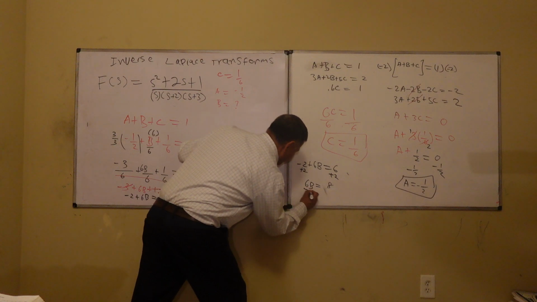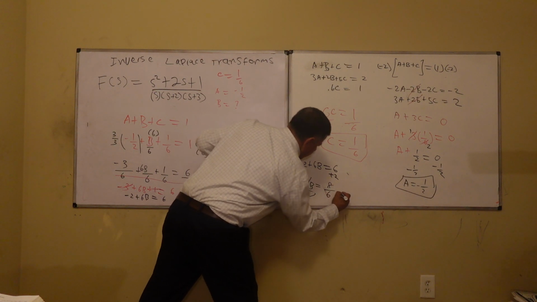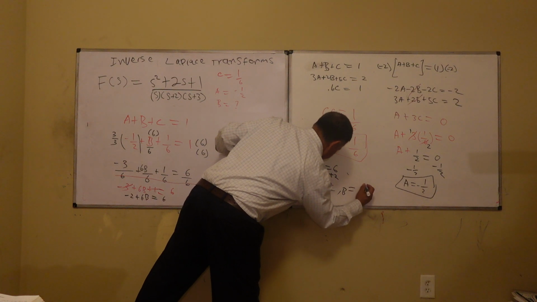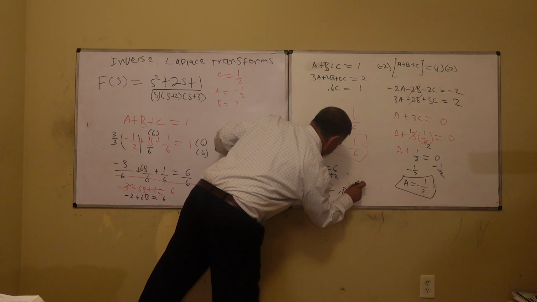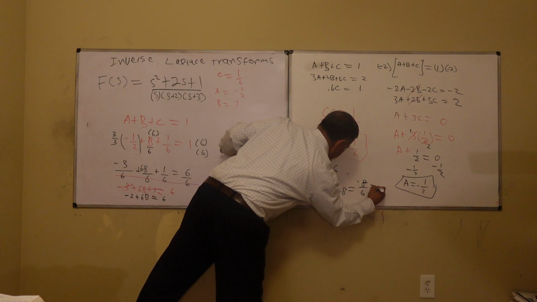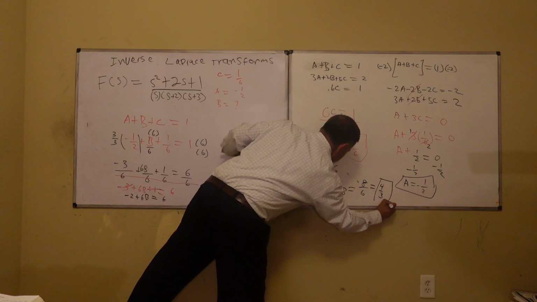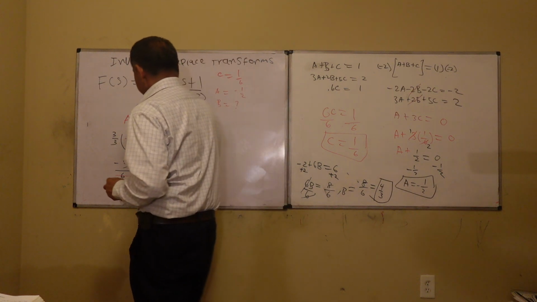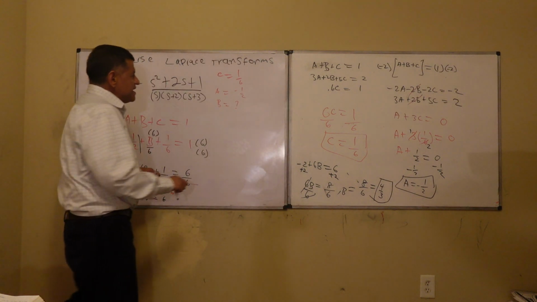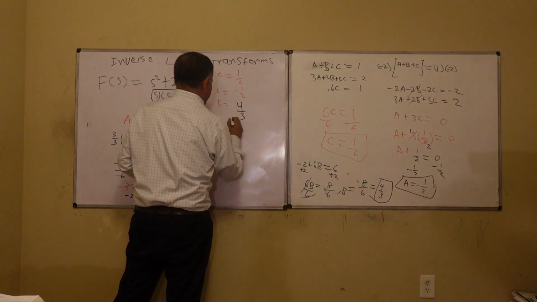So now I divide by 6 on both sides, and I get that b is equal to 8 over 6, which is equal to 4/3, right? Okay, now b is equal to 4/3 right here.